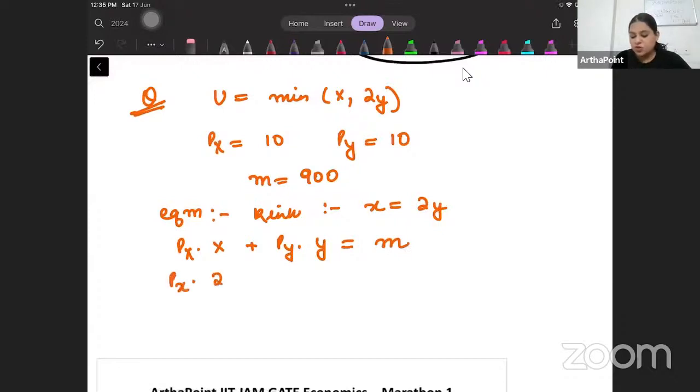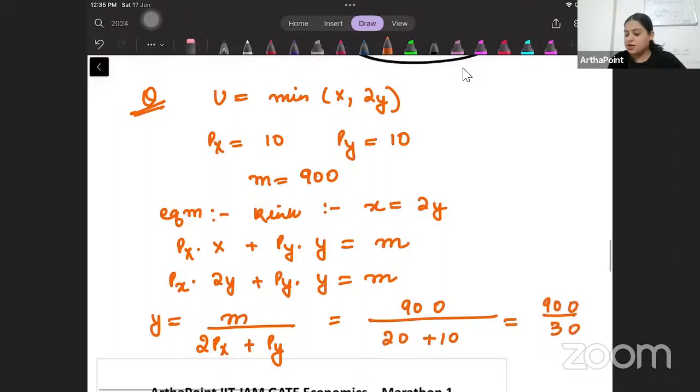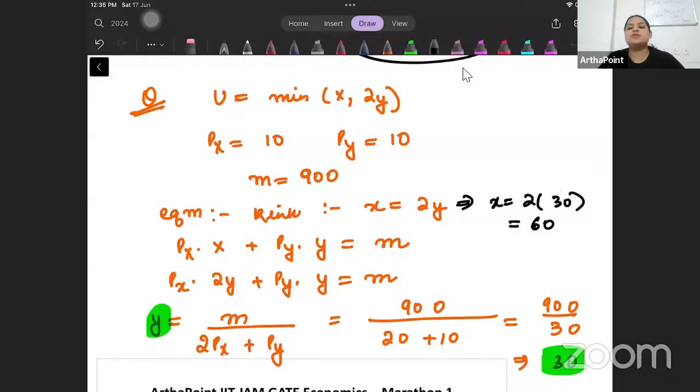So Px into 2Y plus Py into Y should be M. So Y will be M divided by 2Px plus Py. Income is 900. Price of good X is 10. So 20 plus 10. So 900 divided by 30. And this is going to be 30. So Y is 30. What will be X? X will be 2 times 30, which will be 60.